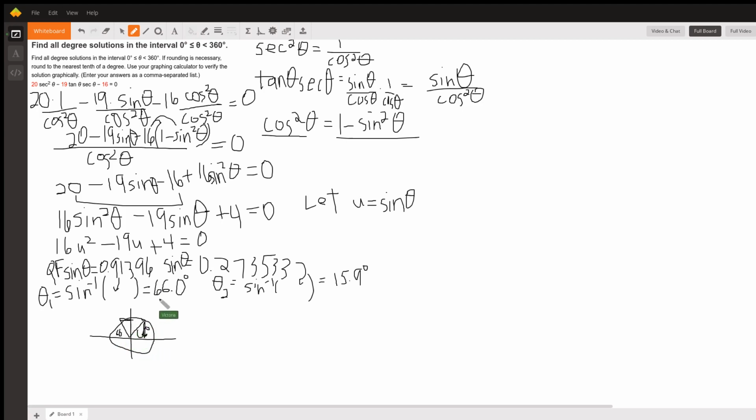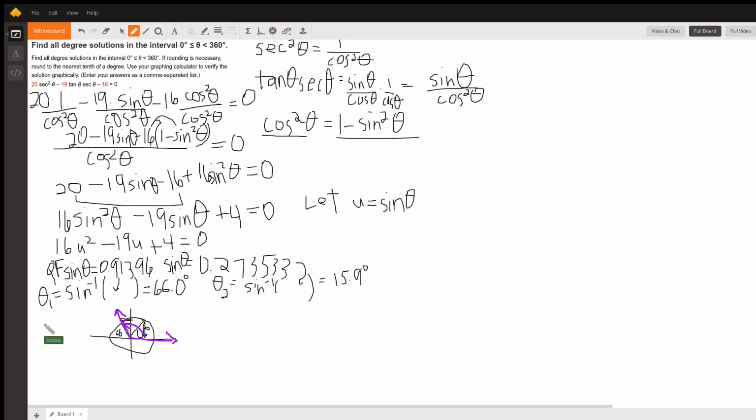So here's my first angle, but in order to get this angle, this one that starts at 0 and ends over here, I need the other angle whose sine is 0.91396.